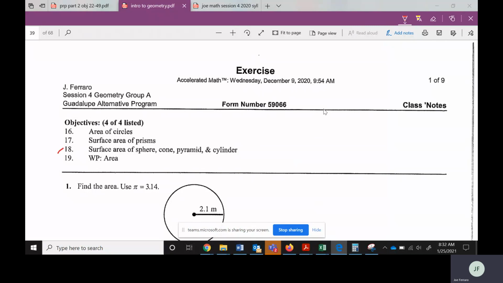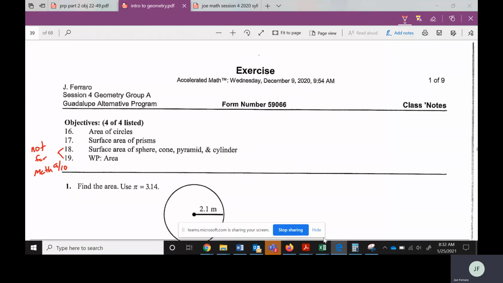We're not going to do, if you're Math 9-10, we're not doing this section. Some of these sections I will be using for Math 11-12, and then I'll make a separate video for 18 and 19.